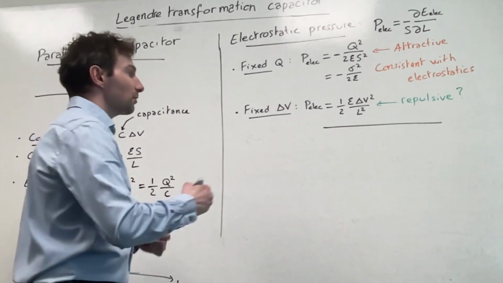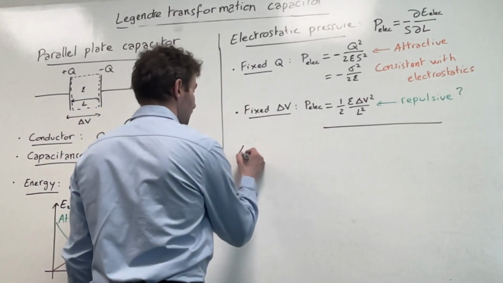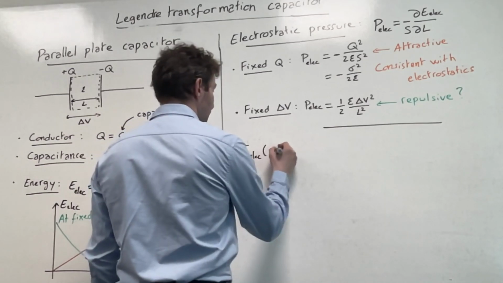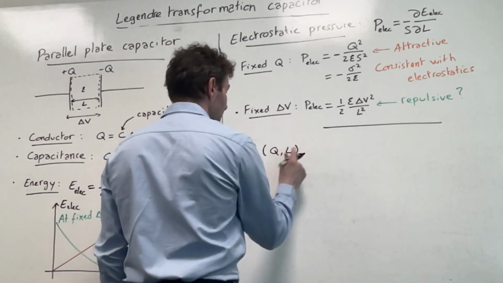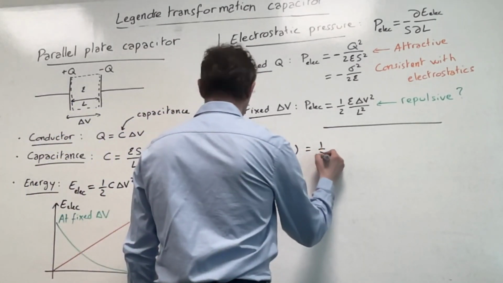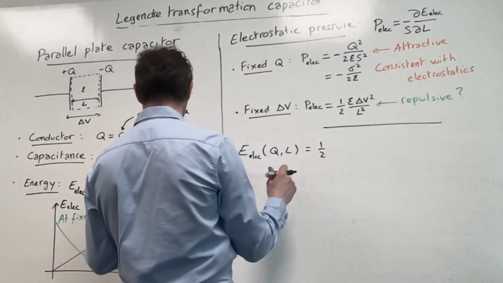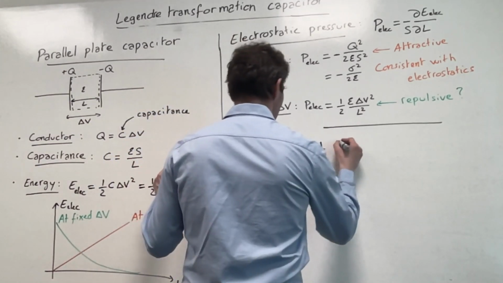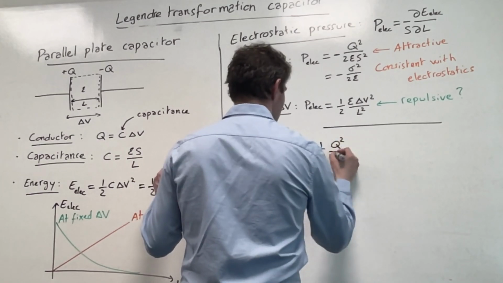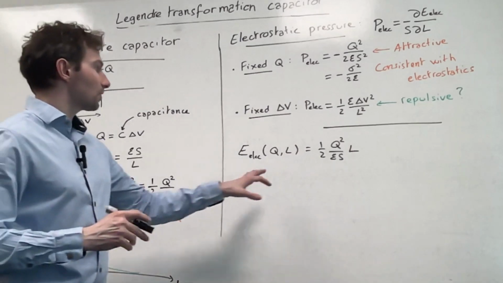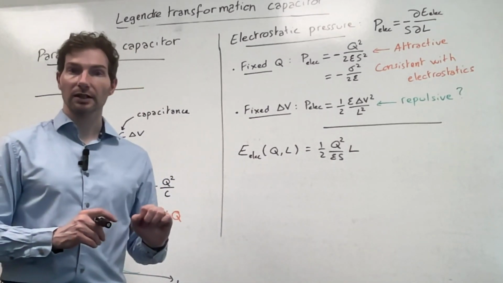So we start from the fact that E elec is a function of Q and L, and that's equal to half, and then I need to replace, so C is equal to epsilon S over L, so it's Q squared L over epsilon S. All right, so that's what we have.